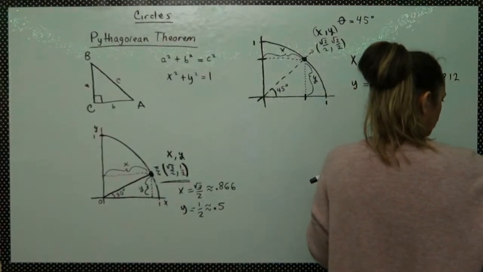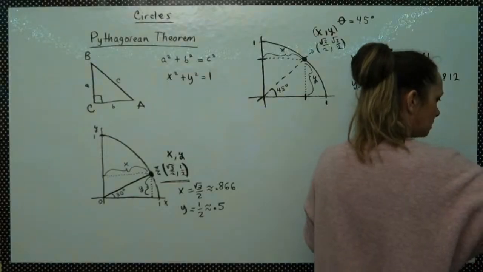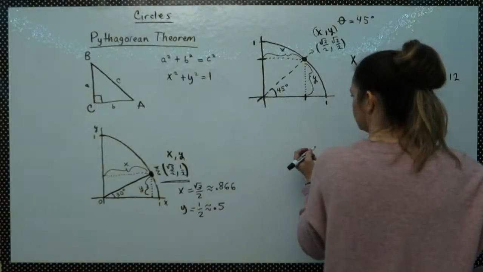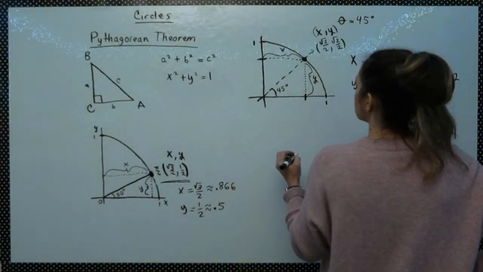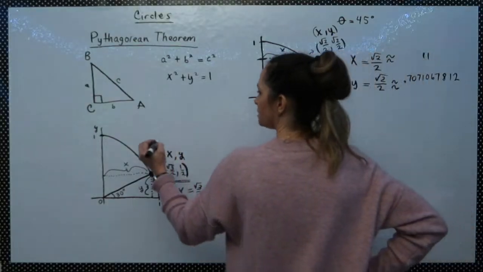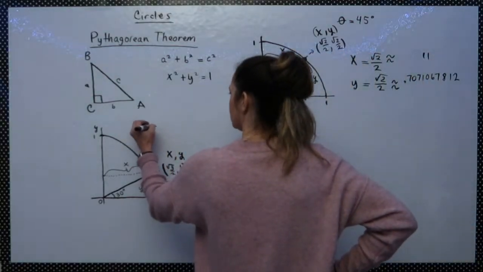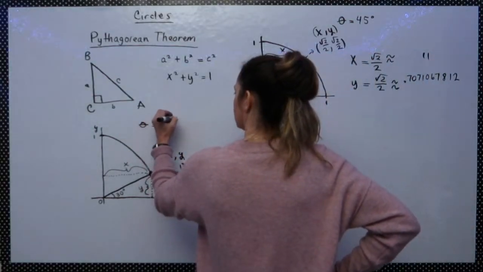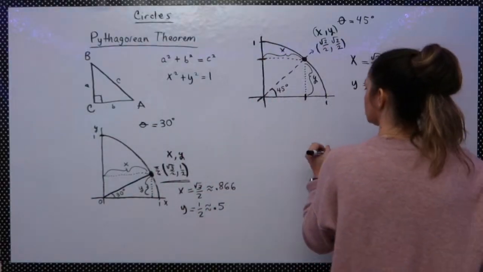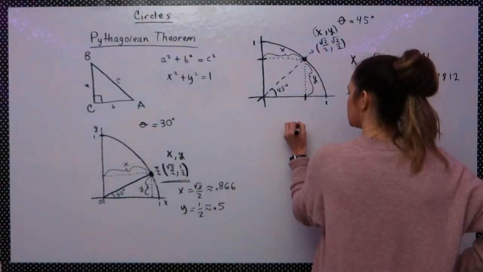That way, I'm not completely all over the place. All right, so theta 45, this was theta 30. And this one will be theta 60 degrees.